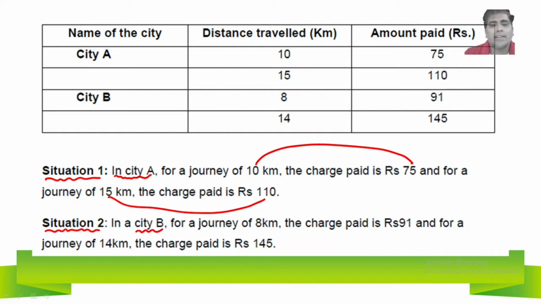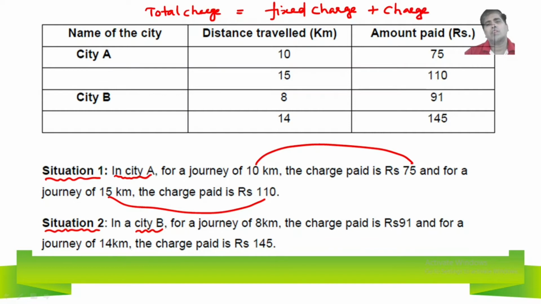So let us write the pair of linear equations in two variables. One thing we already noted in the last slide: the total charges depend on the fixed charges plus the charge per kilometer.